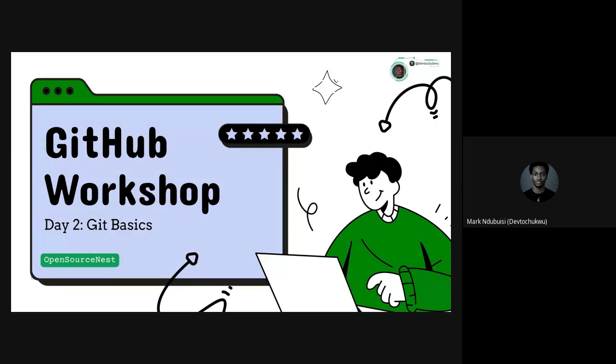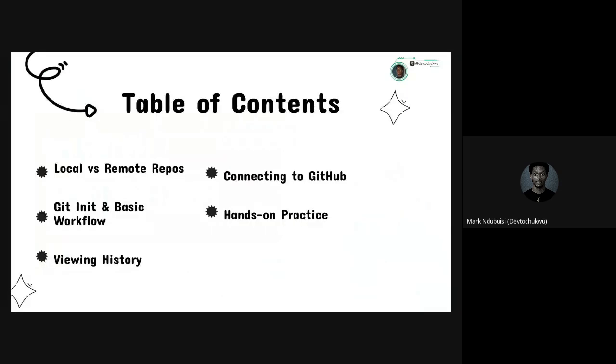On the screen here we have the first page. The table of contents for today is not much. We have local versus remote repos. And by the way, a repo, as we will see, is a repository.